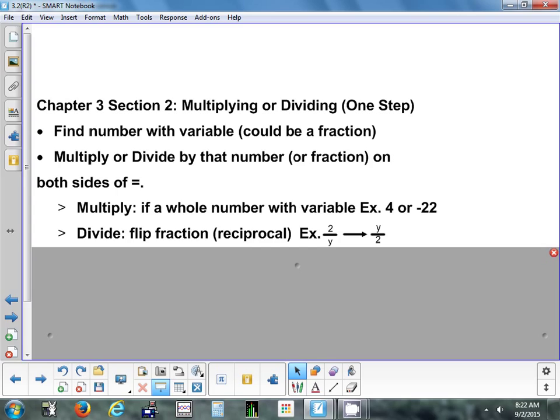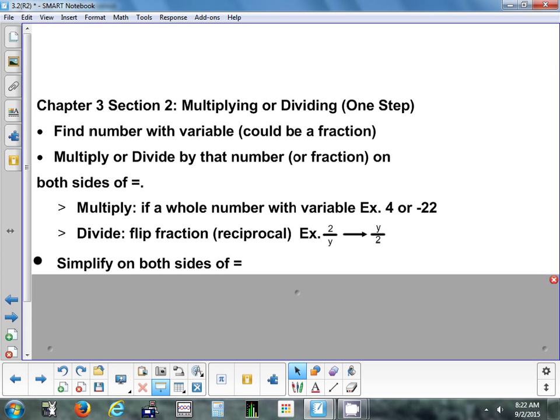Don't change the sign. We're not at that point yet. If it's negative, keep it negative. So in this case, the example, like we just did with Mr. Hager, 2 over y, it'll just become y over 2. I'm just flipping. Again, keeping the sign. I know I sound like a broken record, but people still do that. So we got multiply and divide.